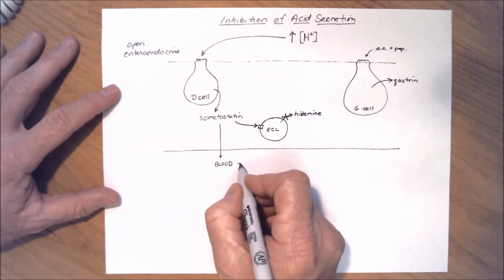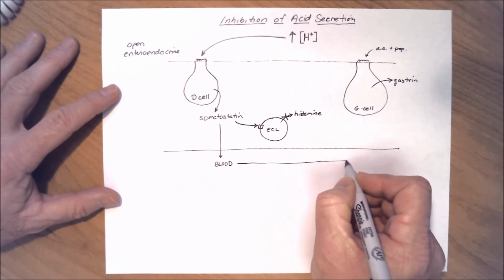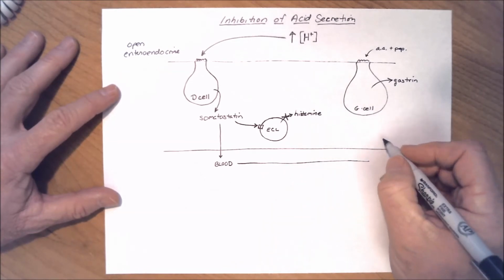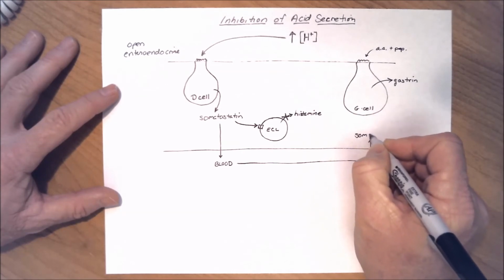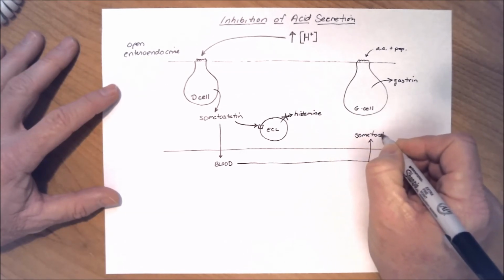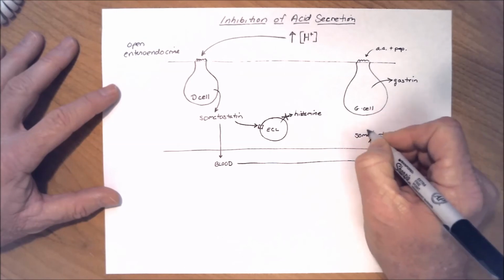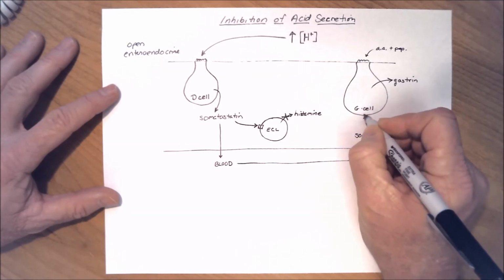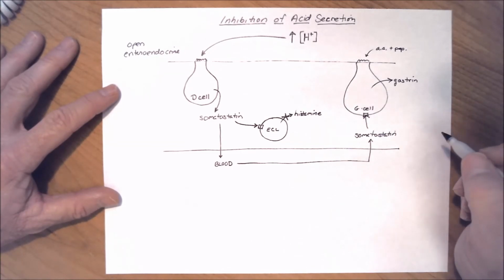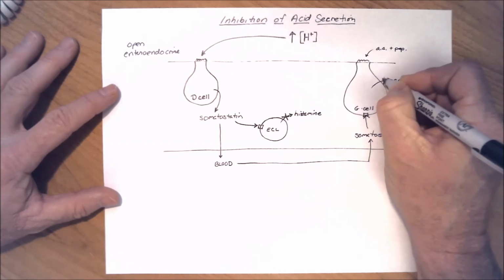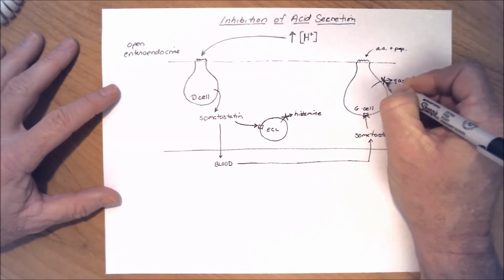In an endocrine fashion, the somatostatin also will bind to G cells. Binding to the somatostatin receptor on G cells now will inhibit the secretion of gastrin.